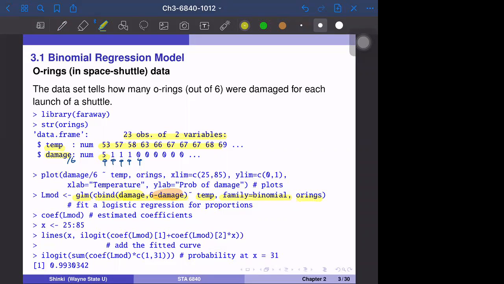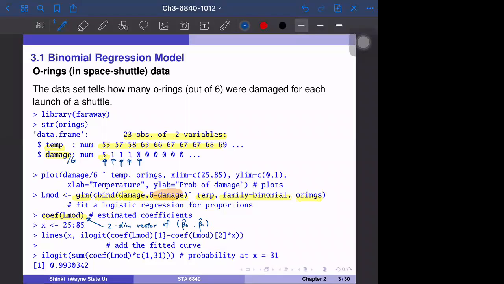Once you fit the regression, you can get the coefficients. This is the intercept and the coefficient, so a 2-dimensional vector, beta naught hat and beta 1 hat.